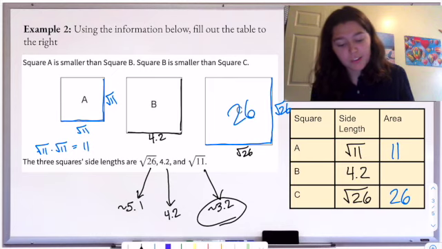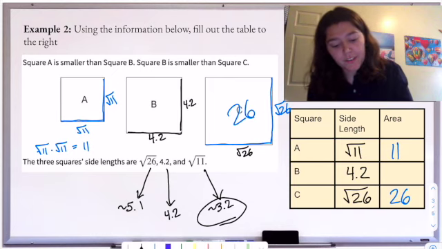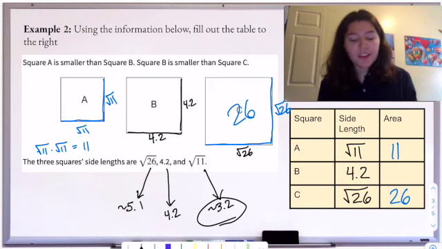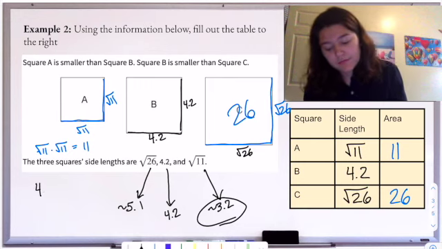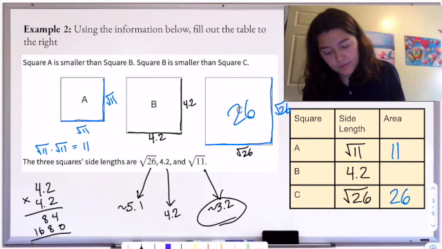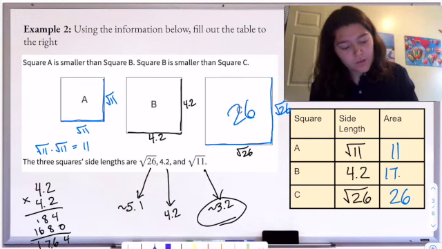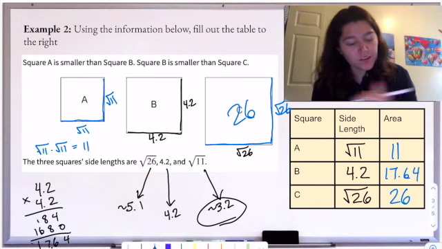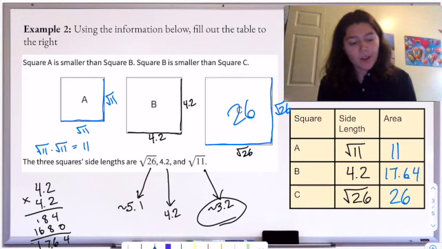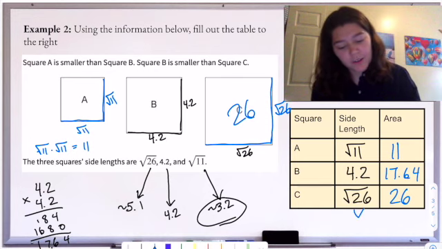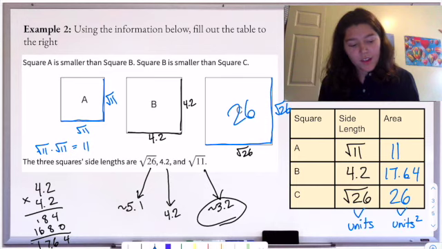We have a side length of 4.2, another side length of 4.2, so the area is 4.2 times 4.2. Which is 17 and 64/100. Okay, and all of these side lengths, we're not told, so we would say they are just in units. And then the area is in square units, 2-dimensional.